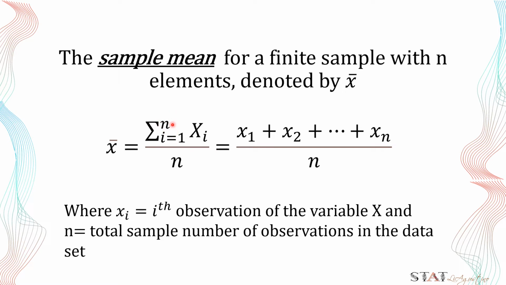See that it is small letter n because I'm talking about the sample size, or the number of observations, and that is equal to x1 plus x2 plus ellipsis until xn, divided by the sample size n. Here xi is the ith observation of the variable x and n is the total number of observations in the data set.